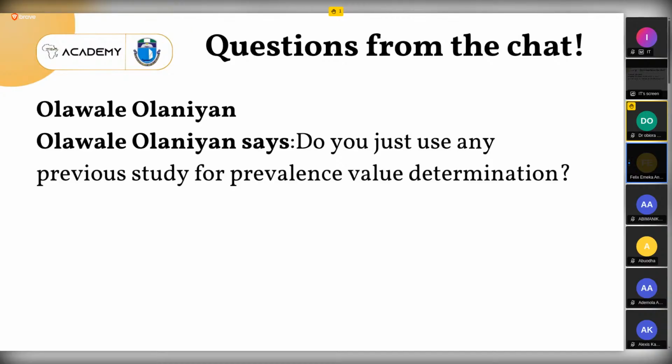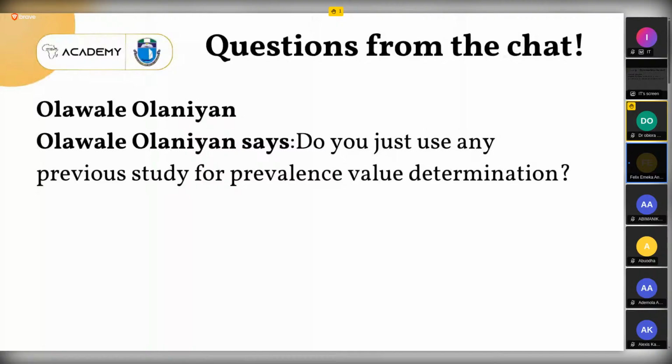If you're conducting this study in Nigeria and you're conducting it in Lagos, then you have to look for a study in Lagos. And even if you're conducting the study in a particular town, you have to look for a similar study that has been done there. If there's no study done there, you look for a study that is done in Lagos. If there's no study that is done in Lagos, then you look for a study that is done in the Southwest.